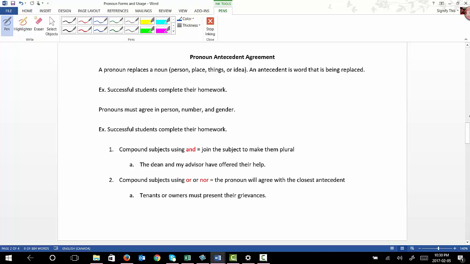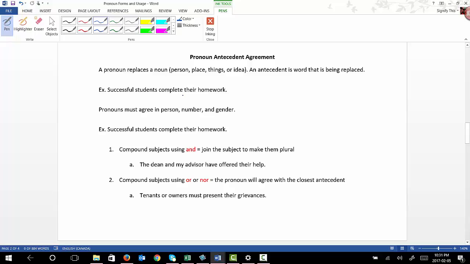Now, you might be wondering, what the heck is an antecedent? Okay, so here we have a pronoun replaces a noun, which is a person, place, thing, or idea. And an antecedent is a word that is being replaced. So here we have: successful students complete their homework.